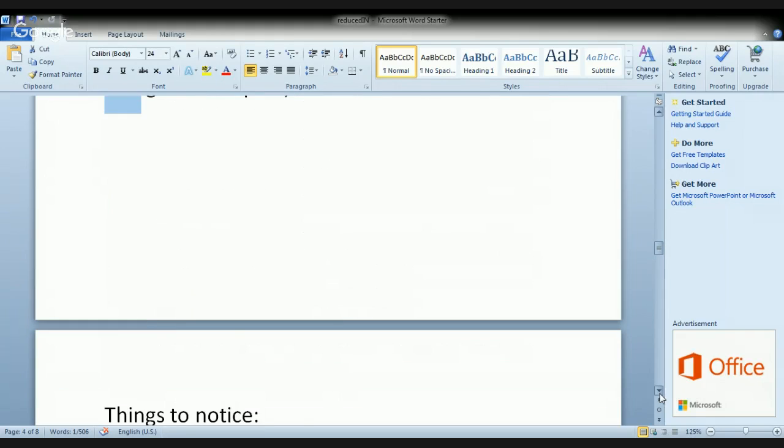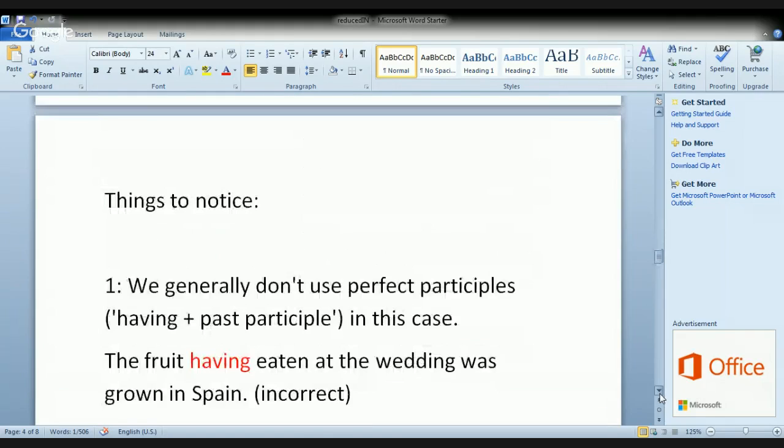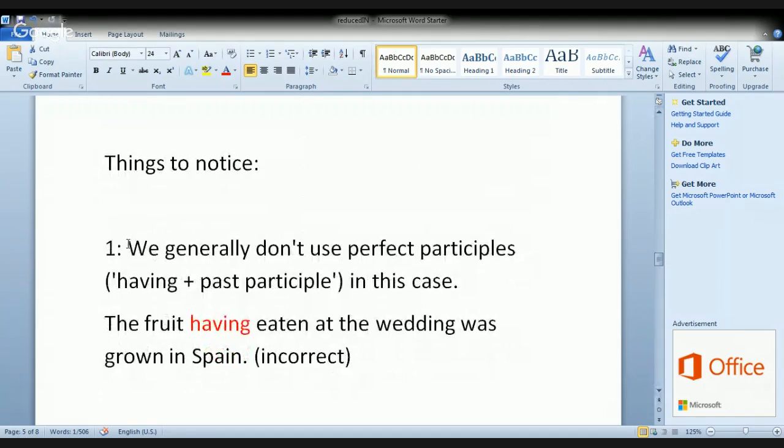Okay, well, moving on. These are some things to notice. Watch out, be careful. It says we generally don't use perfect participles, which is having plus the past participle in this case. Okay, so I made this an example from the last sentence that we saw. The fruit having eaten at the wedding was grown in Spain. We would not use that. Okay, perfect tenses always use the verb have.